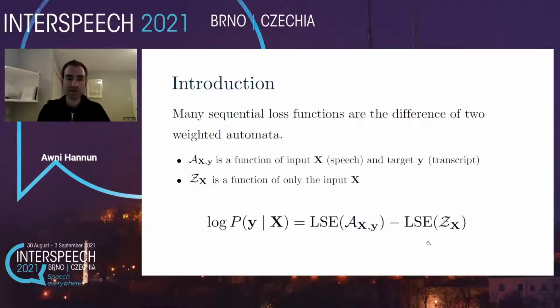One graph is this graph A, which is a function of the input speech and the target transcript. And the other graph is this graph Z, which is a function only of the input speech. And so we can compute the probability of the transcription given the input speech by operations on these two graphs, the operations that I've shown specifically in this slide.